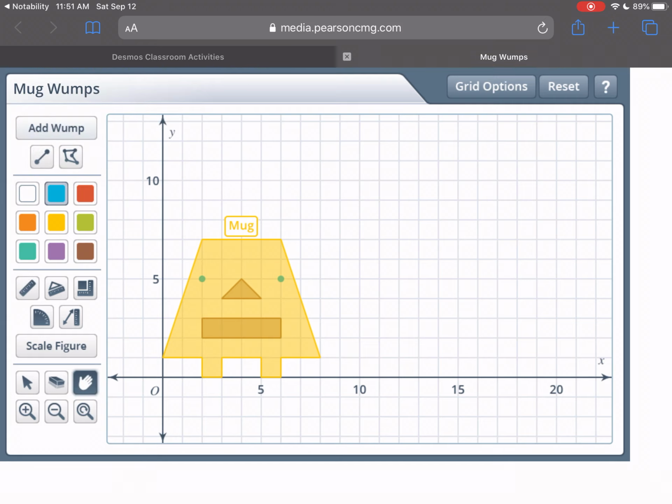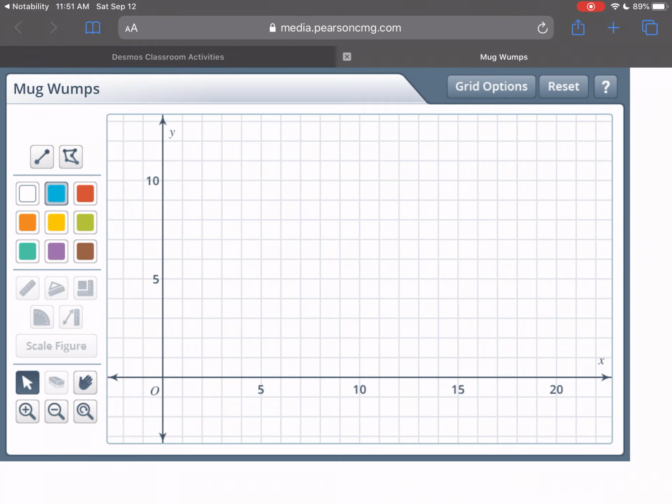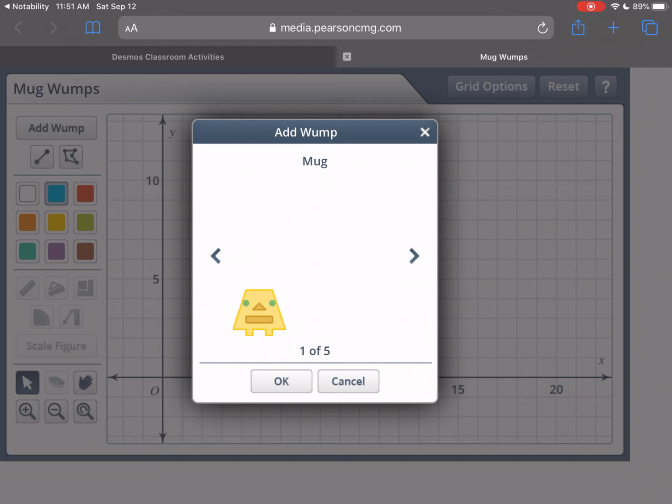Then I'm just going to exit that out and go back to the hand. You can then delete mug. I like to just erase the shape I'm on. Then I'm going to click up here and click add wump. If you click on these arrows, you can find all 5 of the wumps attending the family reunion.